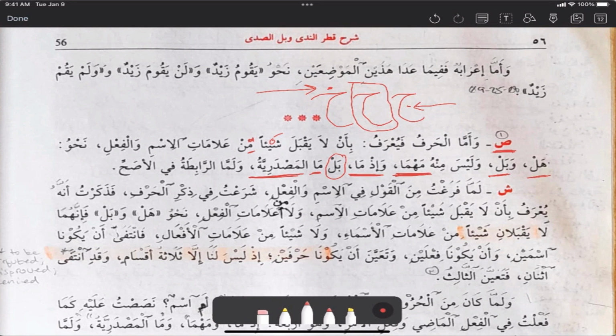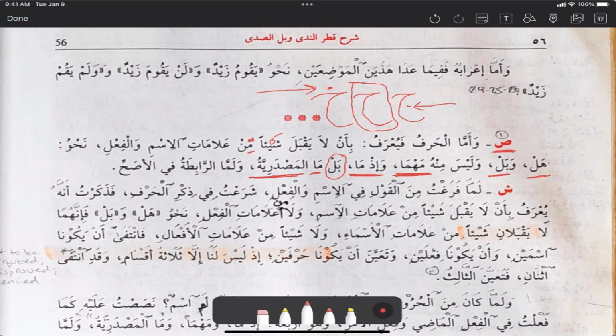Just for now, it's a ma. There's many mas in Arabic. This is one of those. Which ma is this? This is ma al-masdariyah, the ma that renders the verb a verbal noun. We'll see it when we get to it.